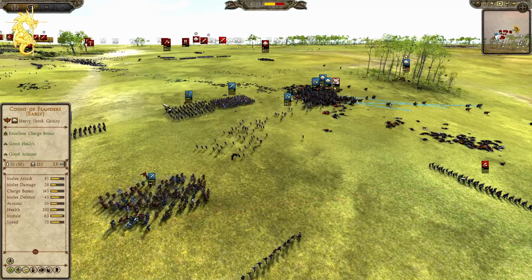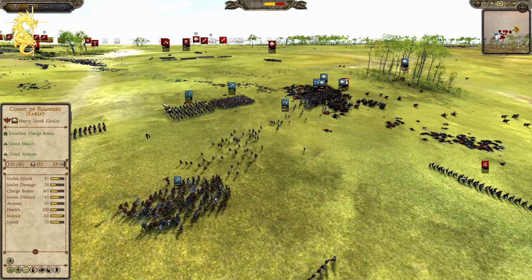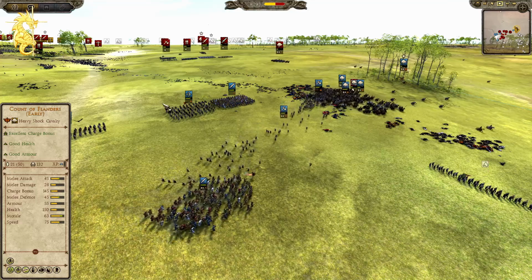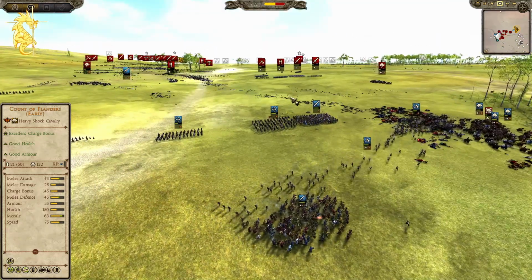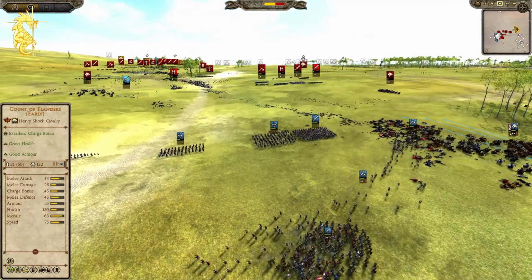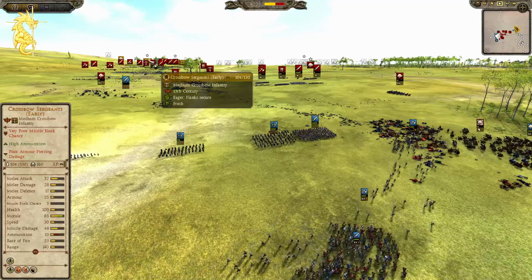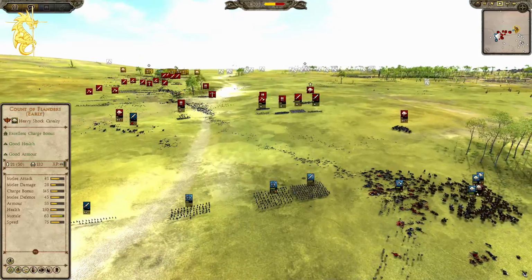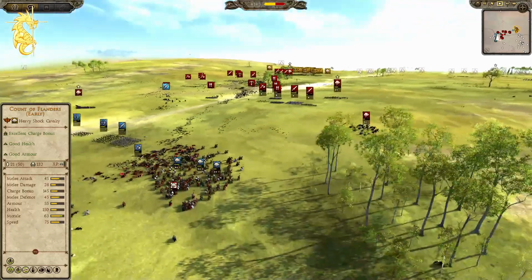They could work this some way in their favor by sticking the last vestiges of the French army between England and the County of Flanders on the other side. So in a way, they could make this work out really well for them.